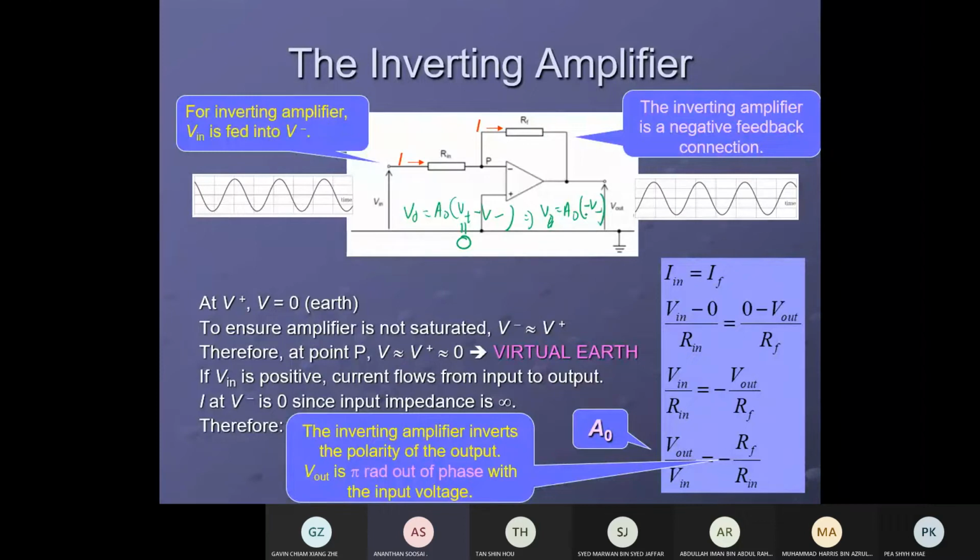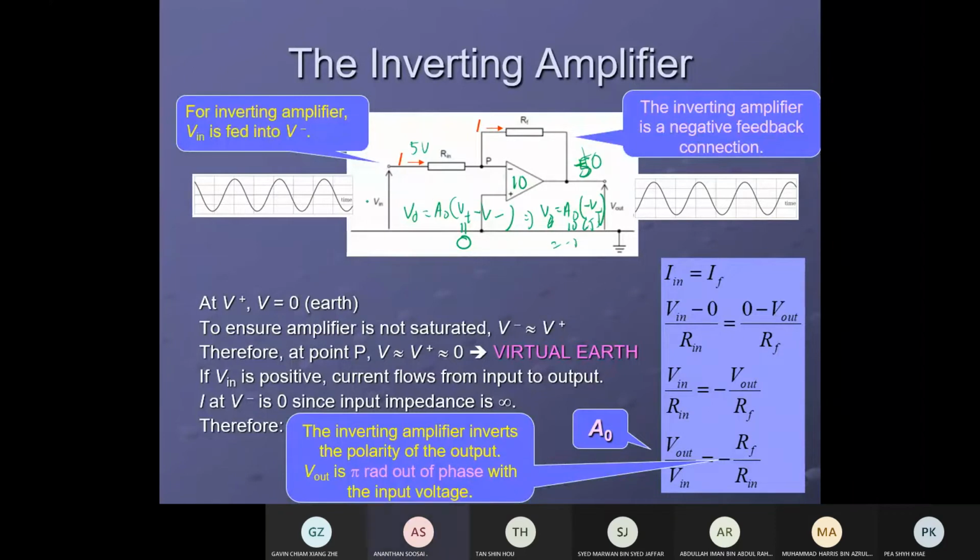So the output is only dependent on the negative input. If you give 5 volts at the negative input, the output will be negative. Let's say the gain is 10, input is 5, so negative 5 times 10 becomes negative 50. The output will be negative 50.